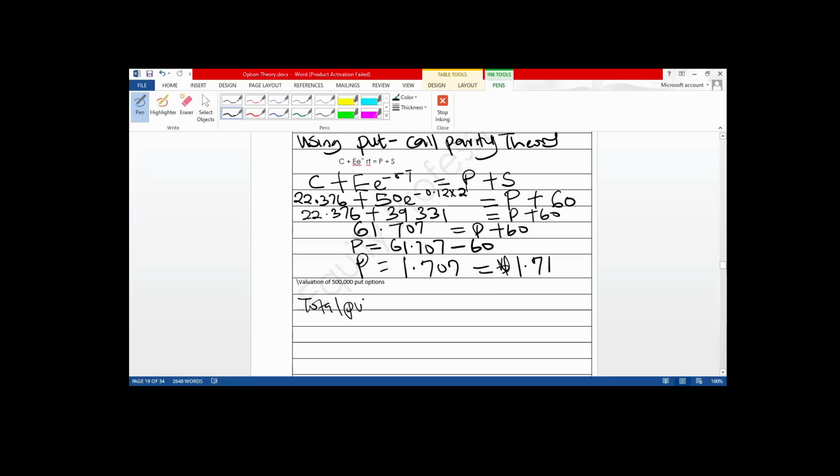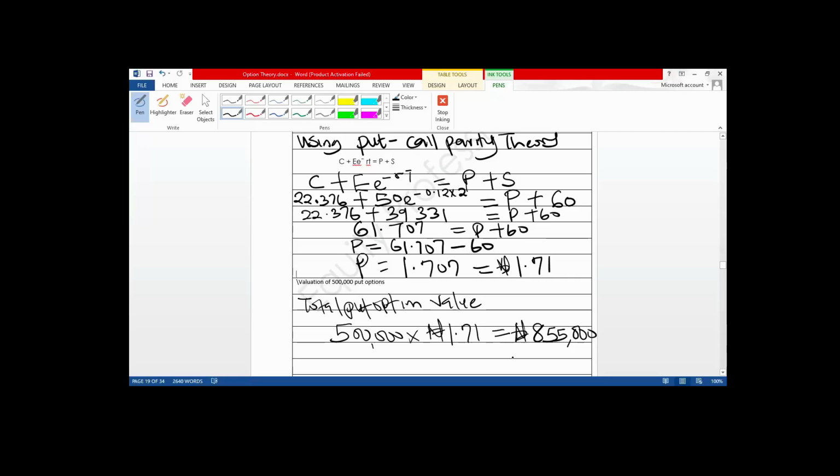Now, valuation of 500,000 puts. Total put option value. One is 1 naira 71 kobo. If now 500,000 put options, 500,000 put options multiplied by 1.71. Please compute. It's 855,000.